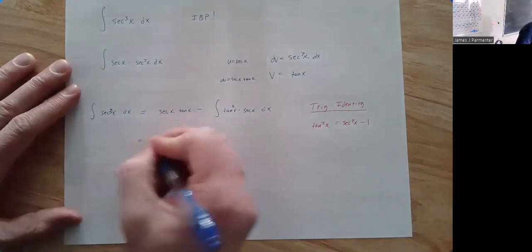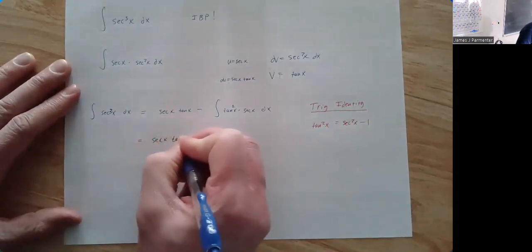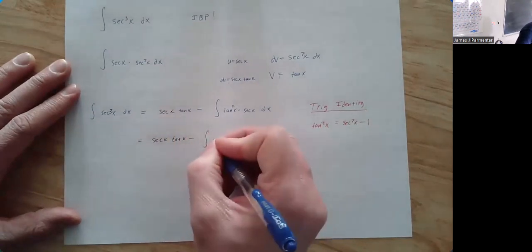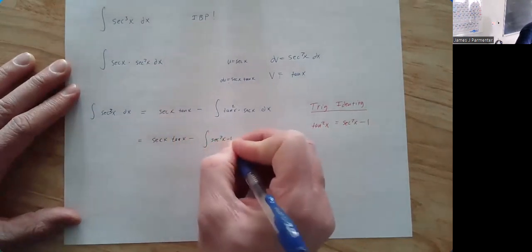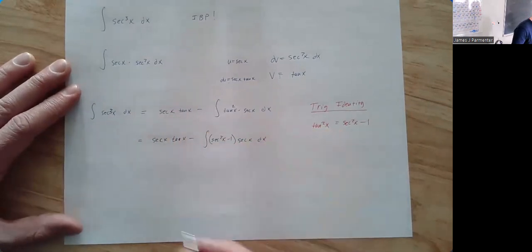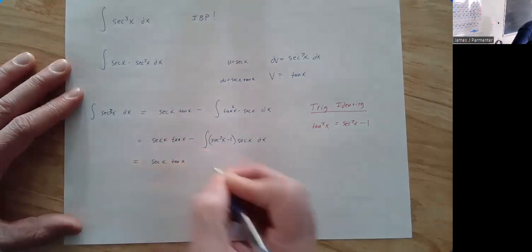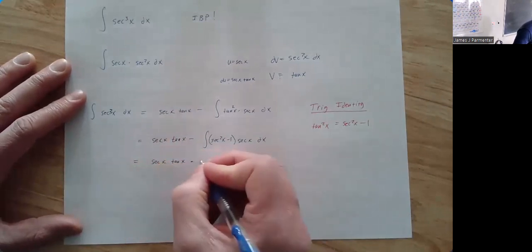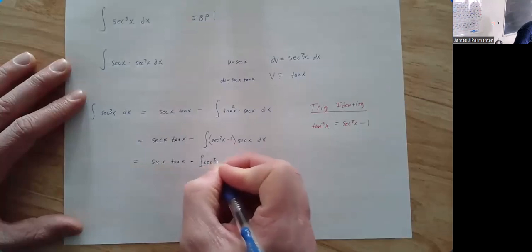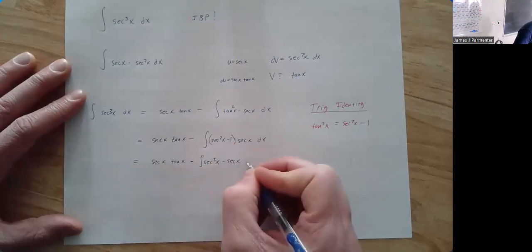So we're going to rewrite this as secant x times tangent x minus the integral of secant squared x minus 1 times secant x. And then we're going to distribute. So I've got, let's see, minus the integral of secant cubed x minus secant x dx.